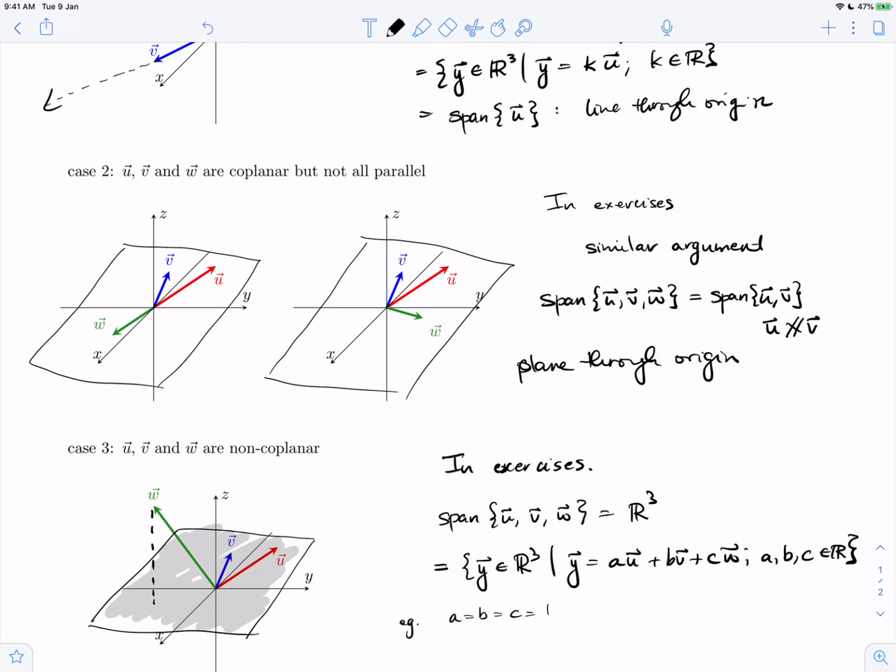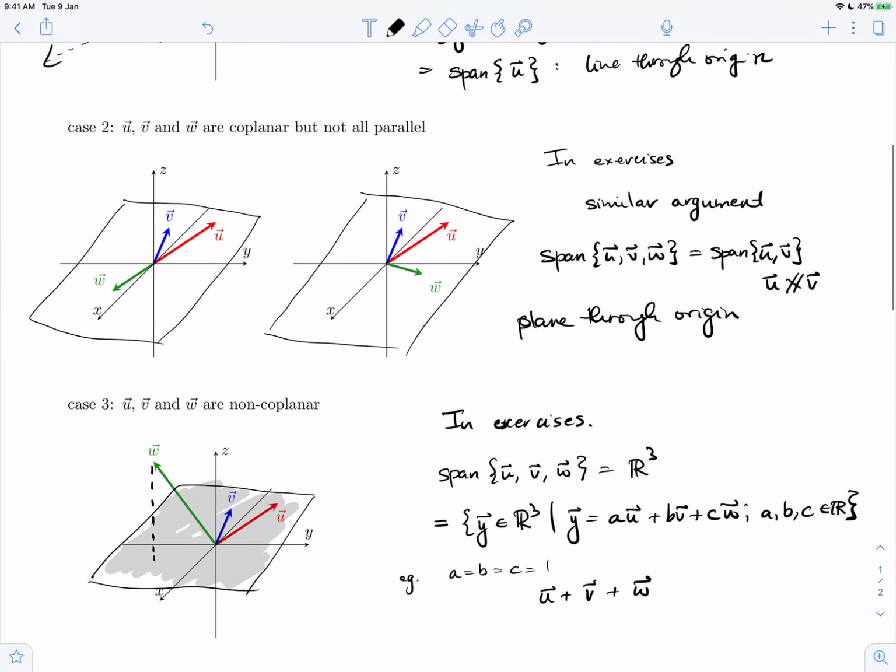What would we get if we applied our geometric addition rules to just u plus v plus w?